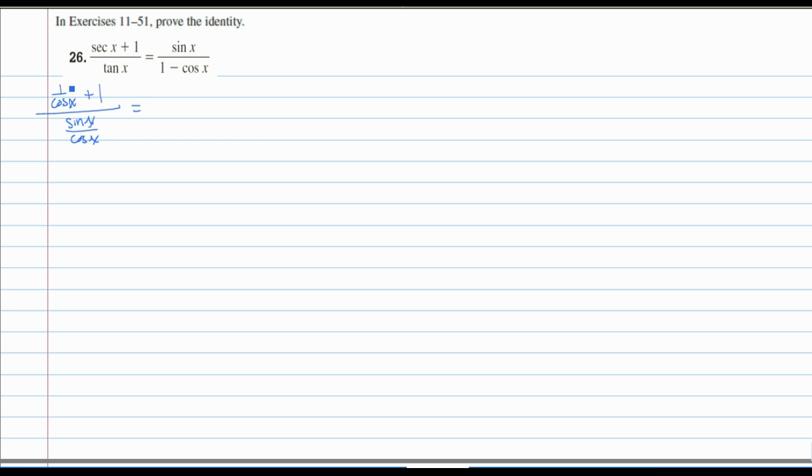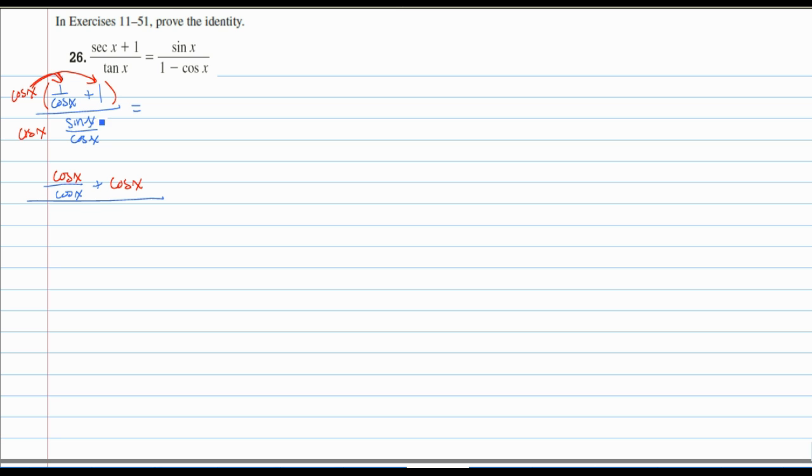Now I see in the numerator I have a cosine of x in the denominator, and in the denominator I have a cosine of x in the denominator. So I'm actually going to multiply both the numerator and denominator by cosine of x. In the numerator, cosine of x gets distributed to both terms. So I have cosine of x over cosine of x plus, and now cosine of x.